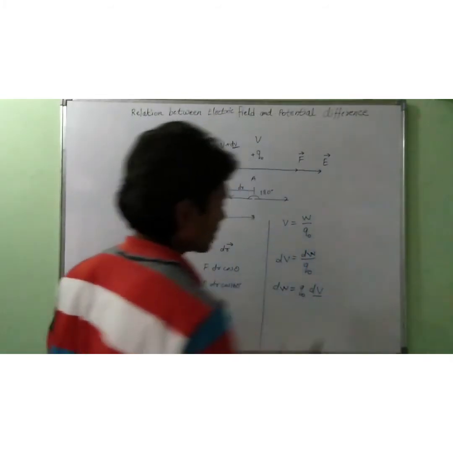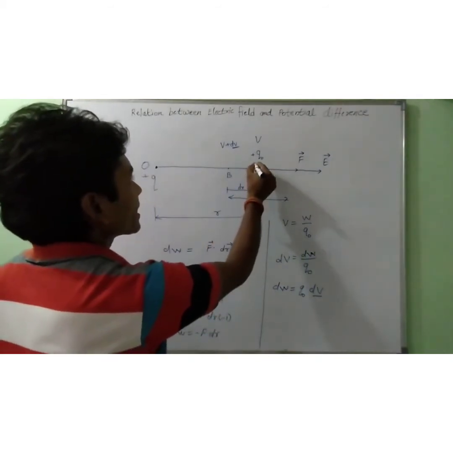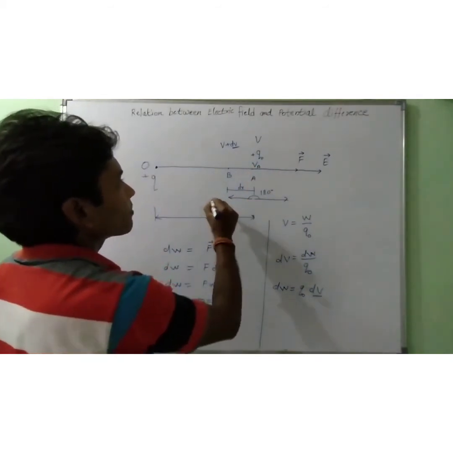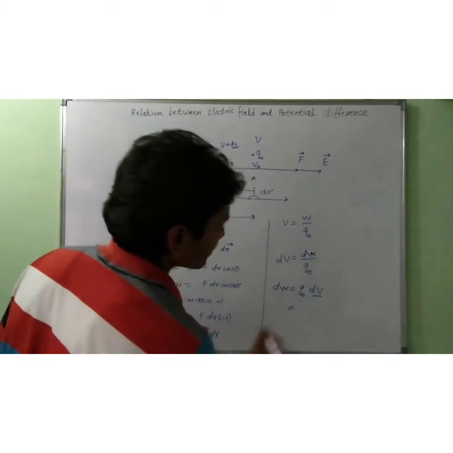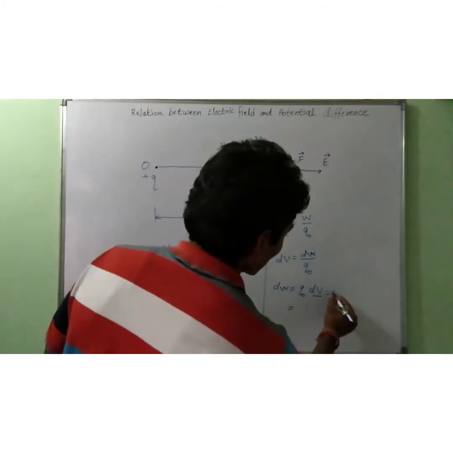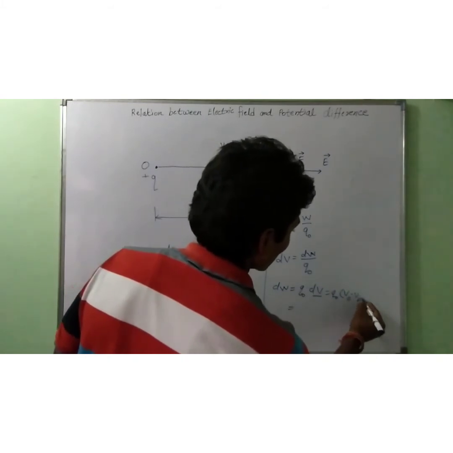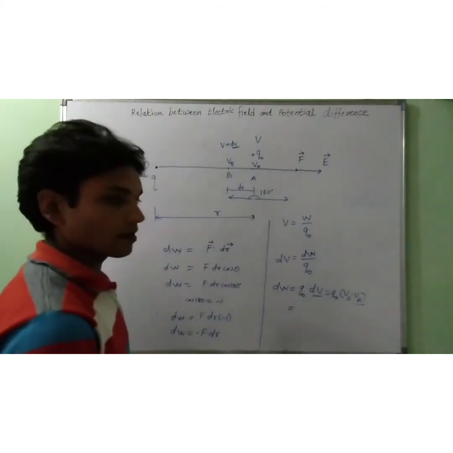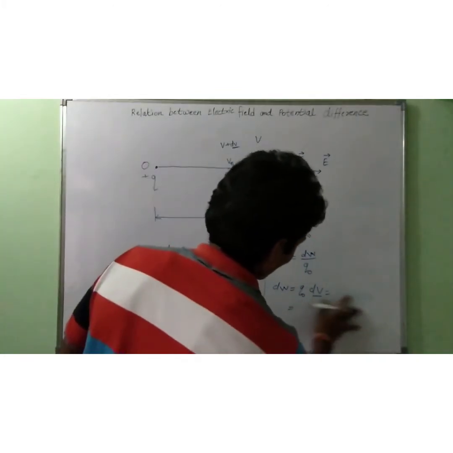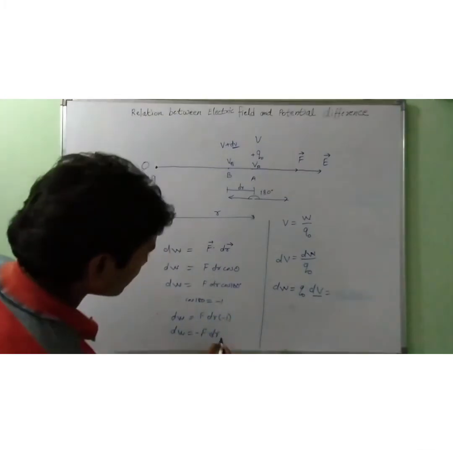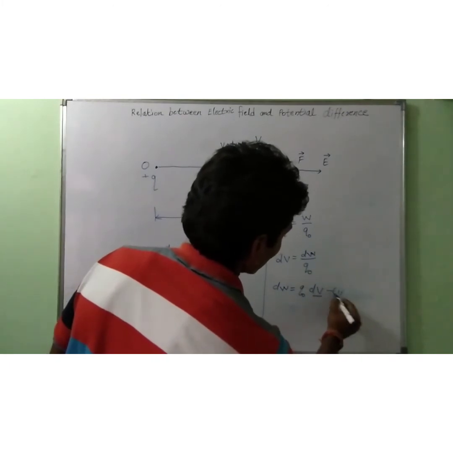Now, this is the potential difference. If the potential at point A is VA and the potential at point B is VB, then the potential difference we can write as VB minus VA. This is the potential difference dV. So this is equation first and this is equation second.